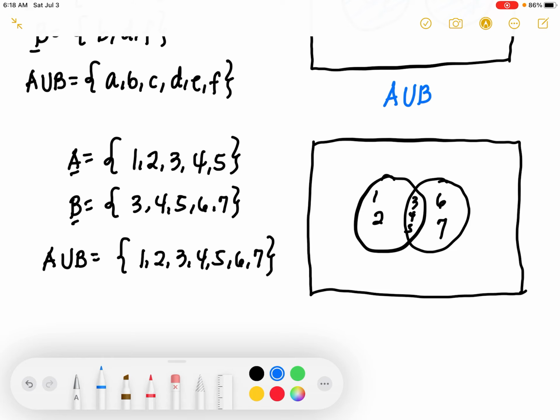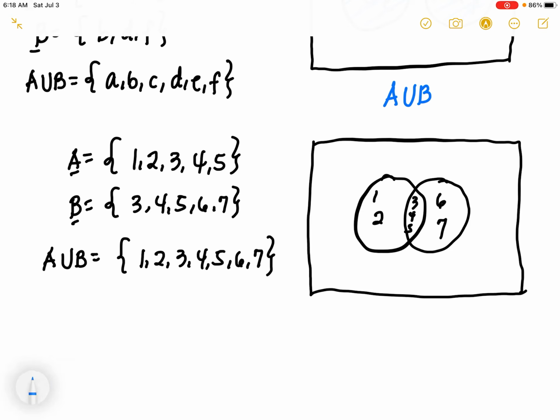For the A union B, we will shade this since we are going to combine all the unique elements. And that is our A union B for the intersecting sets or the joint sets. Again, this is our universal set, this is set A, and this is set B.